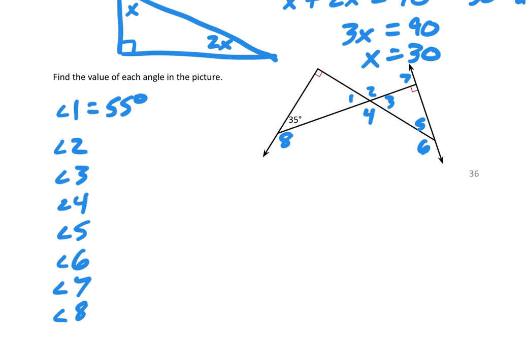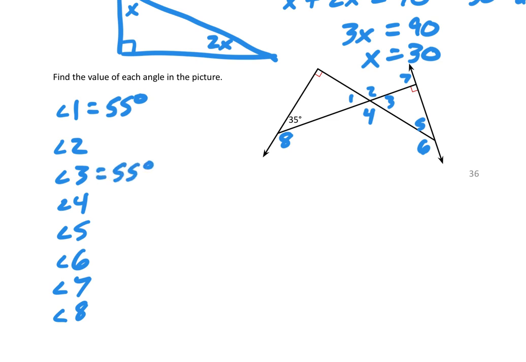What's another one? What would be an easy one once I know what angle 1 is? 3, right? What do we know about angle 1 and 3? They're congruent, because what kind of angles are they? Vertical. They're right across from one another. Yep. 1 and 3 are vertical angles and they are congruent. So 3 would also be 55.